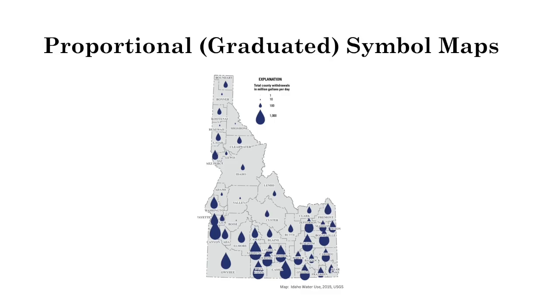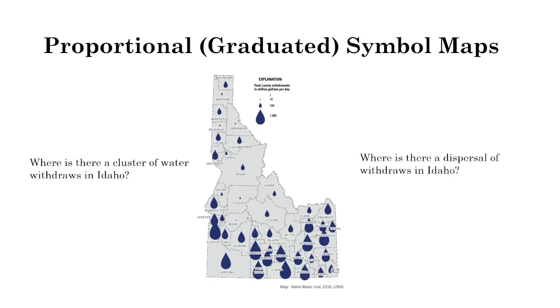Here a small rain drop is 1 million gallons per day of water, while the largest drop is 1,000 million gallons, which is a billion gallons per day of water withdrawal. This is Idaho water usage. So where's a cluster of water withdrawals in Idaho? Where are they accumulated? I would say in southern Idaho, there's a cluster. Where's there a dispersal? Northern Idaho, I would say.